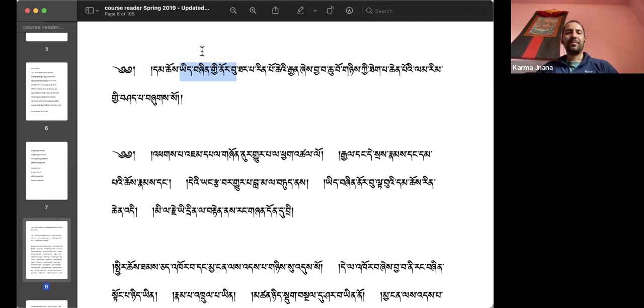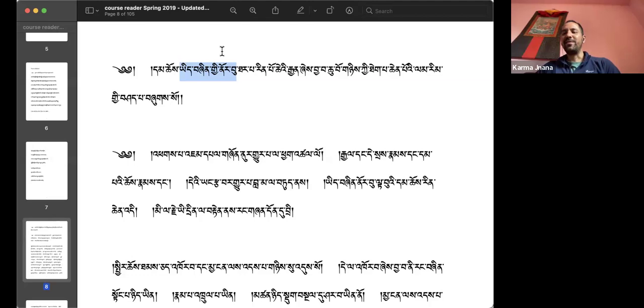So Yishingi Norbu literally means the jewel that is alike the mind, something like that. But this whole thing, it's translated as wish-fulfilling jewel. It's just a standard translation.